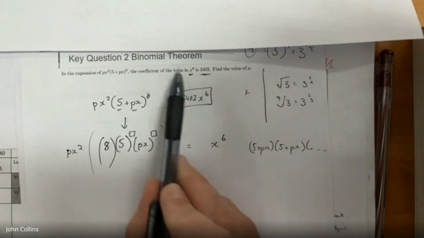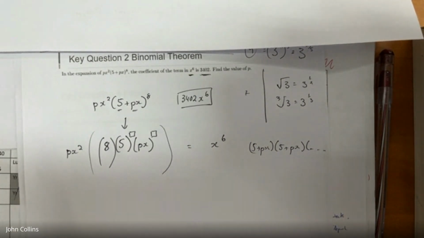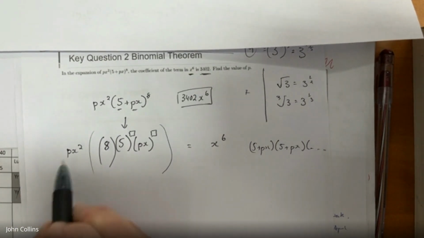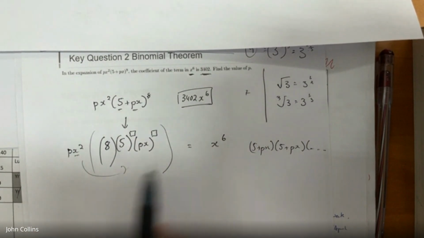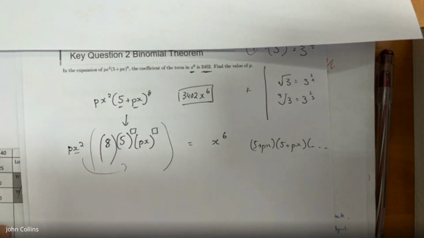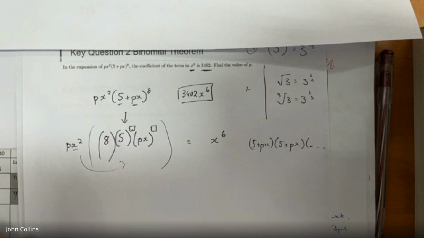Because the question says the coefficient of the x6 term. It's hard to see, but it's x6. All right. So remember, this is x squared. This is going to end up multiplying by this to give something. 3 and 1 is not going to add to 8. Remember, it has to add to 8. 5 and 3 won't.